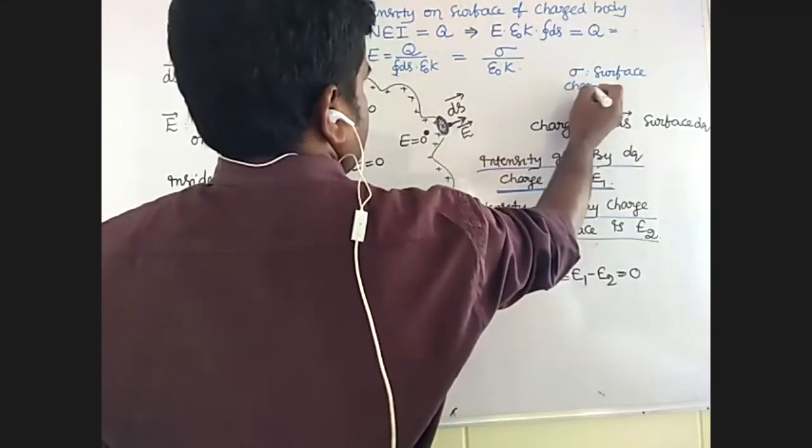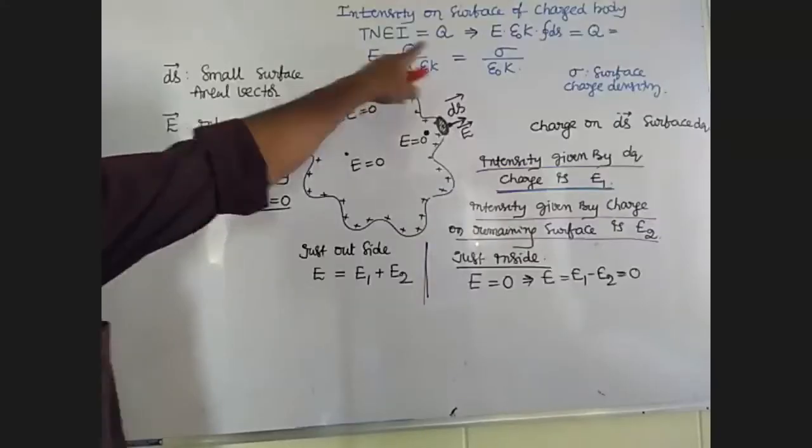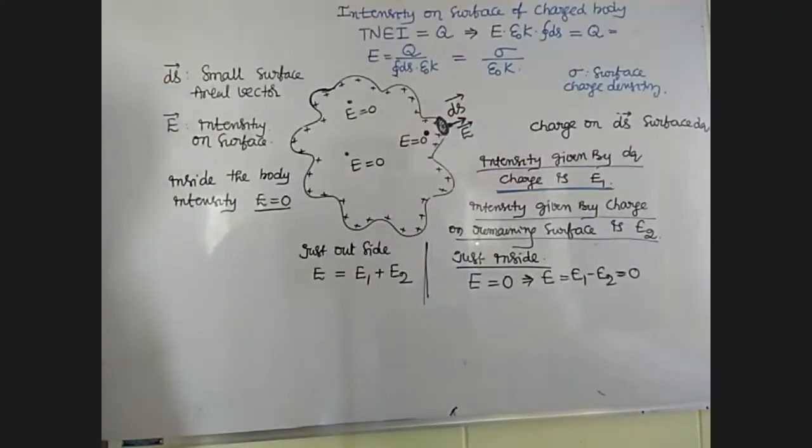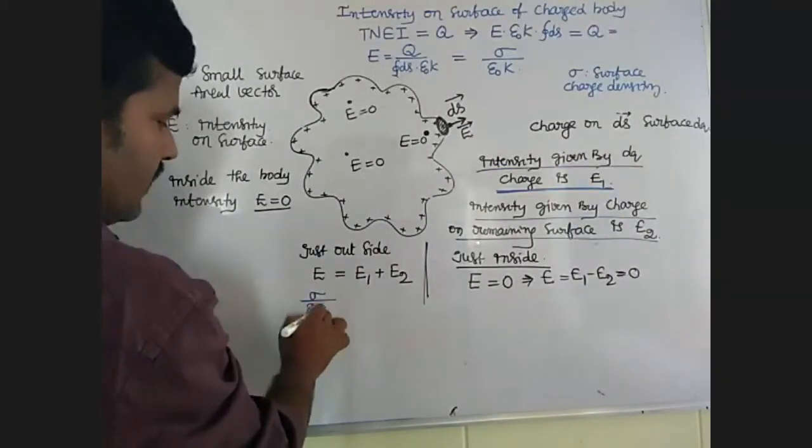Epsilon naught K is the permittivity. So the intensity on the surface is sigma upon epsilon naught K.